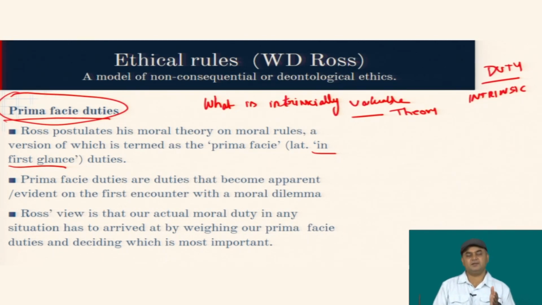So, when I say a Kantian system or Mill's utilitarianism, that particular person is not just being credited for being the founder, but is also giving a system.